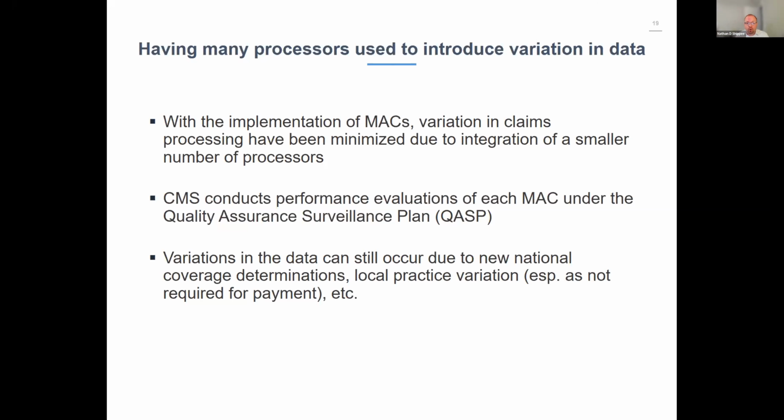You may see local practice variations, especially if things are not required for payment. There might be a lot of variation going on in how things get billed, how they're done, and how they're then processed, and so on. So there are some variations that are still going to happen, but they often require you to have more of the contextual policy or clinical knowledge in order to know why this variation is happening.